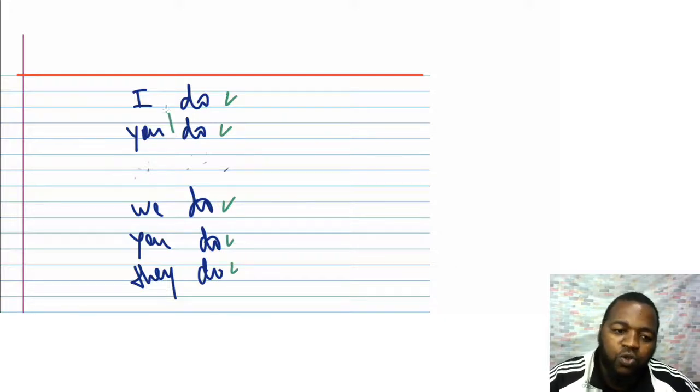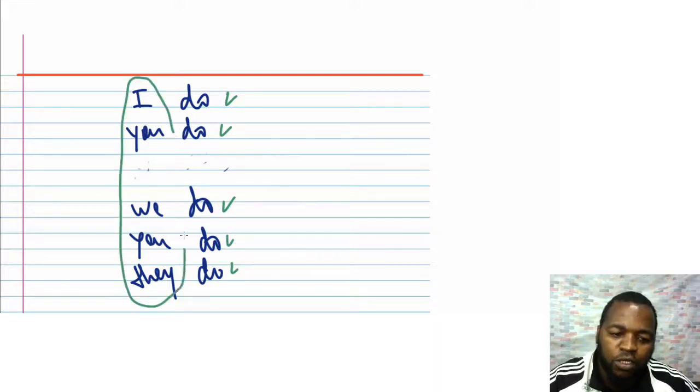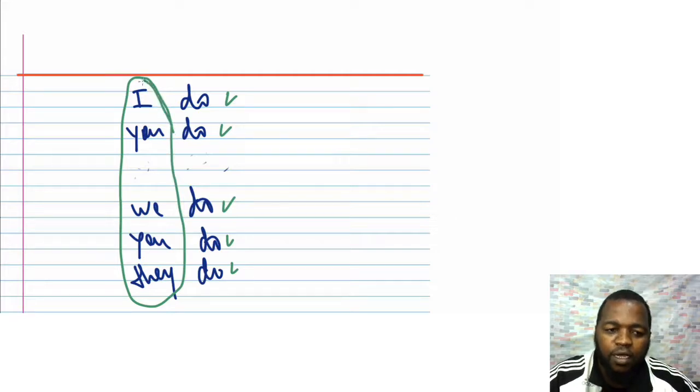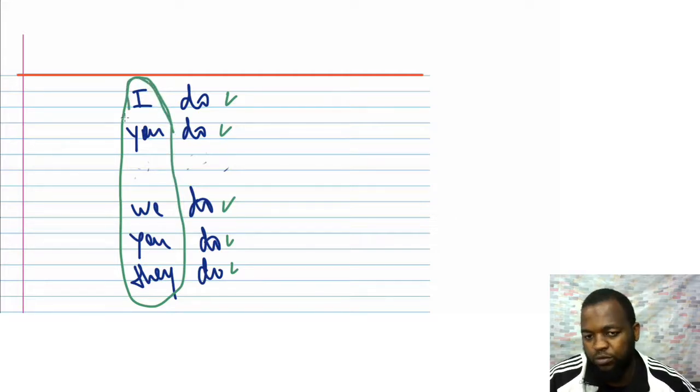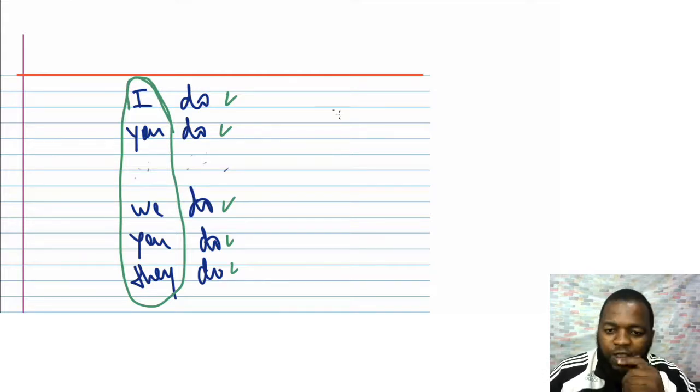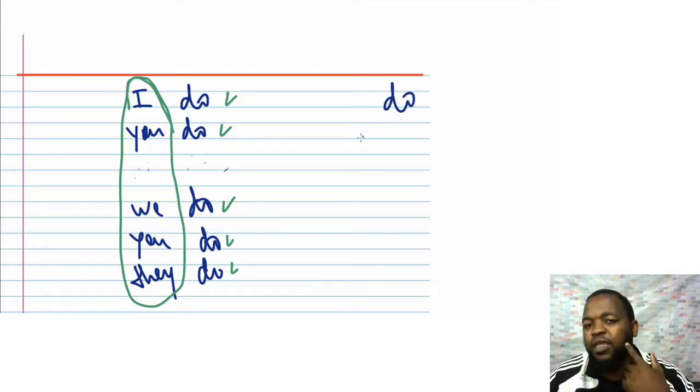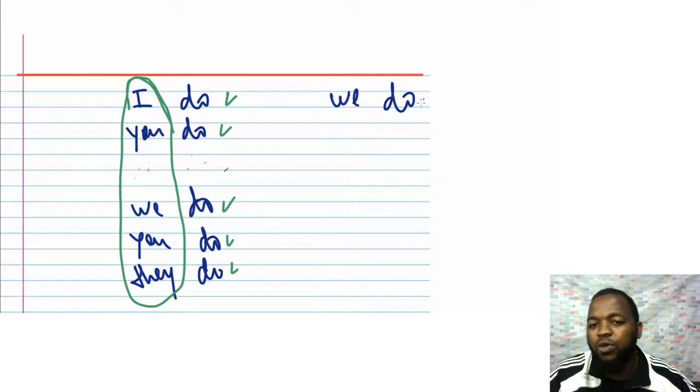So actually, you do need these personal pronouns to understand about the person that you are talking or speaking or saying something about. All right. So if I just say do, it doesn't make any sense. Do you mean you do or we do? But this doesn't happen in Arabic.